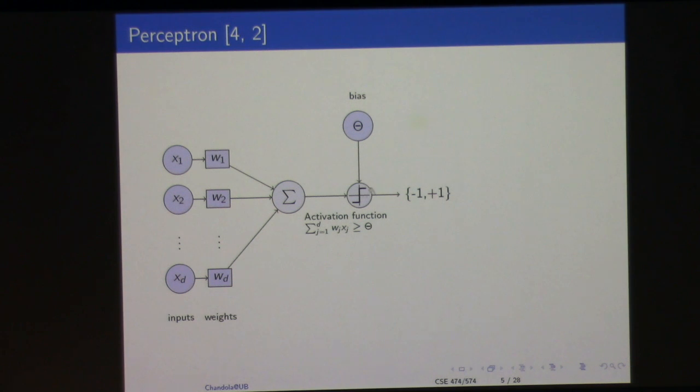And at the end, there is a thresholding unit. What that does is it looks at the output coming out of this aggregator, which is W transpose X, and then it applies a threshold to that, which we also call the bias. So if this value is greater than theta, then the output will be +1. And if it is less than theta, the output will be -1 or 0, right?